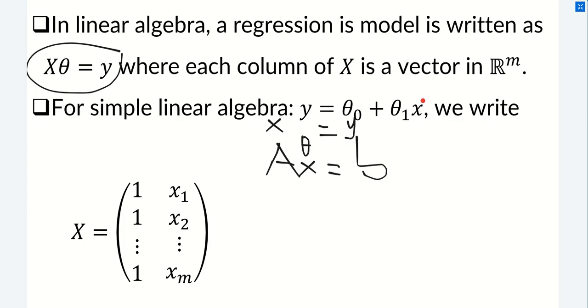So this can be written as a simple linear equation, which is a straight line, multiple of them.